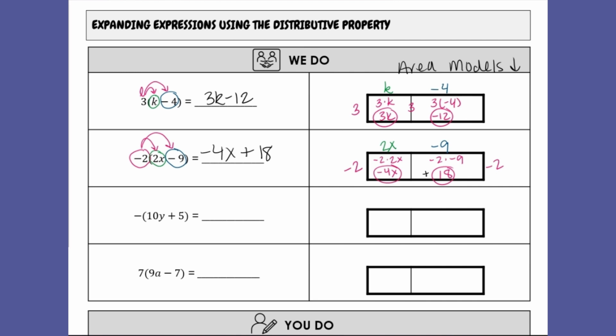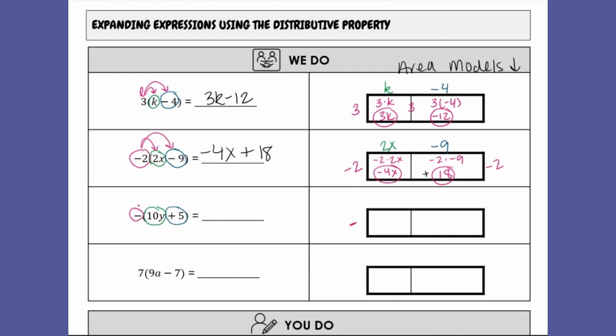All right, the next example is a fun one. You see a negative sign outside the parentheses. When I put this negative sign here, you can think about it two different ways. I'm going to circle my terms in the parentheses. So I have 10y and positive 5.